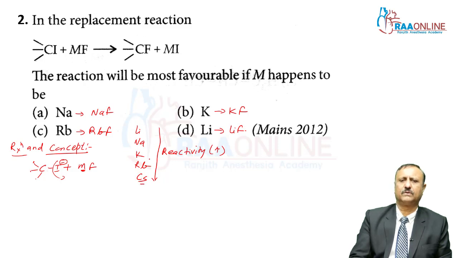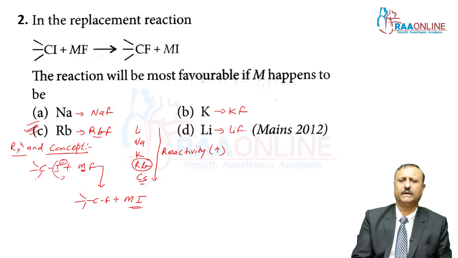So my dear students, when rubidium fluoride reacts with this compound, it easily replaces the iodide ion, and here you can see the compound formed is alkyl fluoride plus MI. So the correct answer is C, because rubidium is more reactive than potassium and sodium.